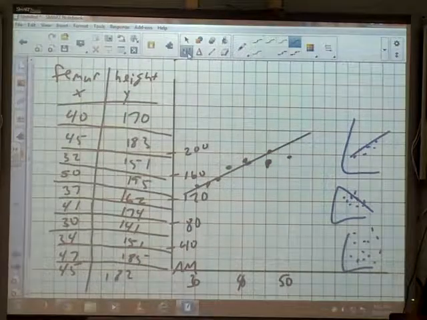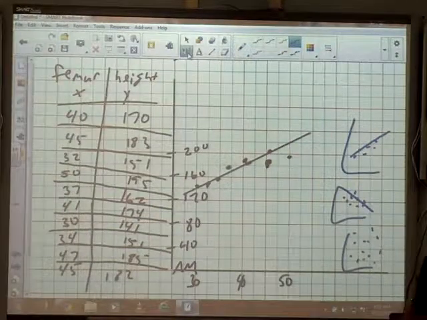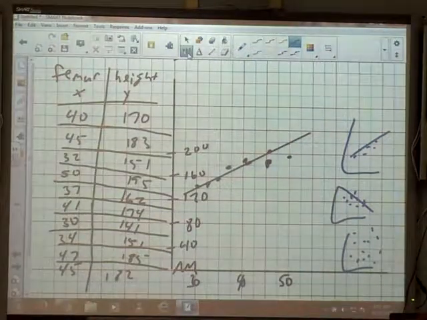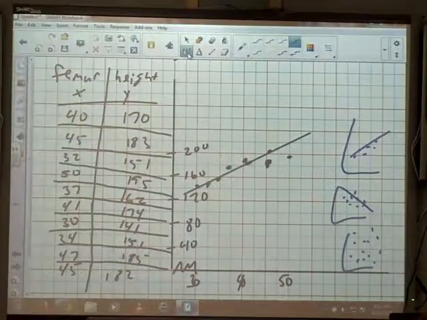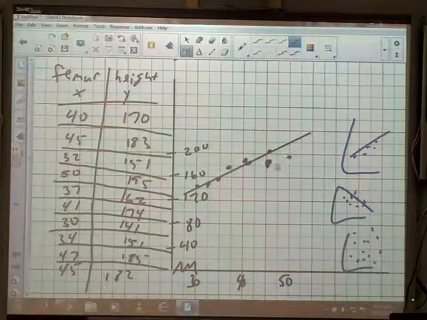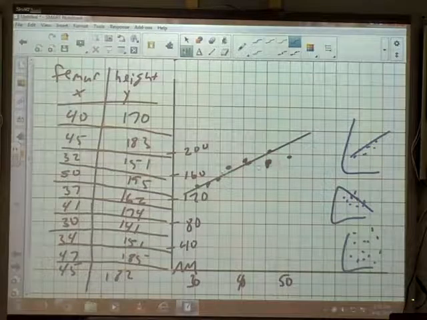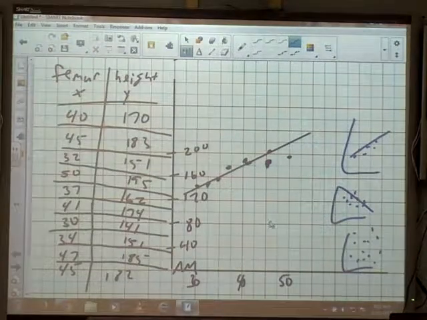So it's possible that our equations are different, but they should still be close. Now when you choose points, I try to choose 2 that are closest to being on the line. Like right now, with the line I drew, I would not use these 2 points, because they're way off my line. So I would try to pick a couple that are right on it.